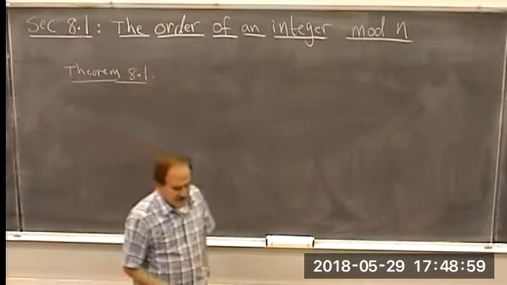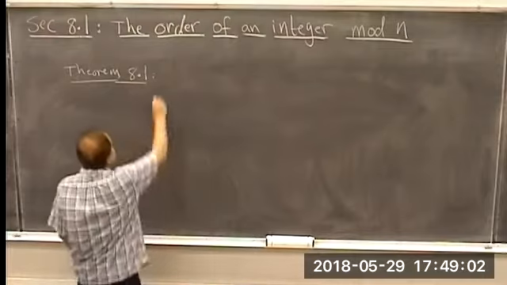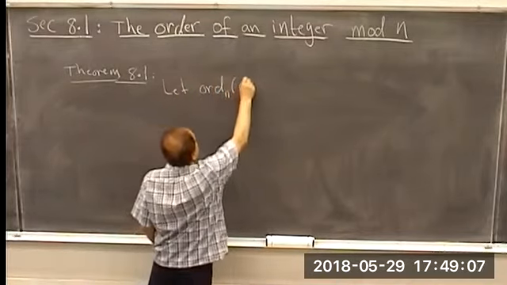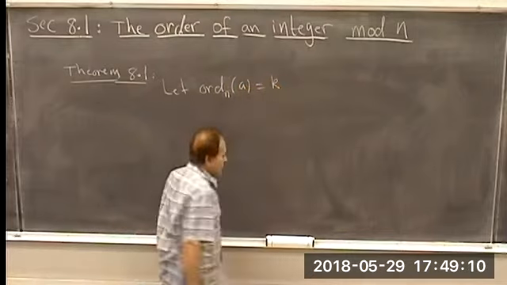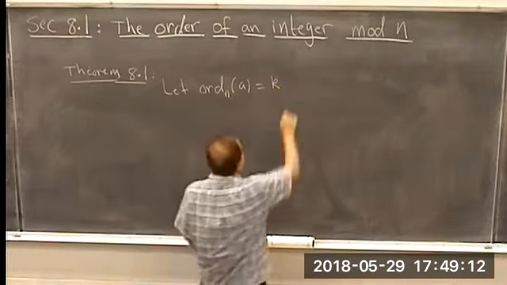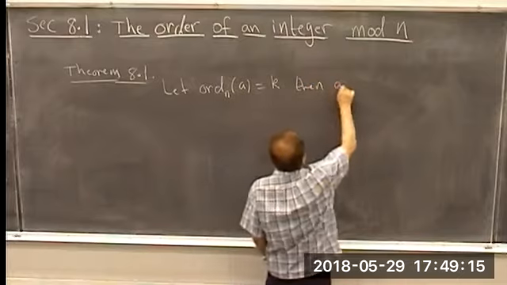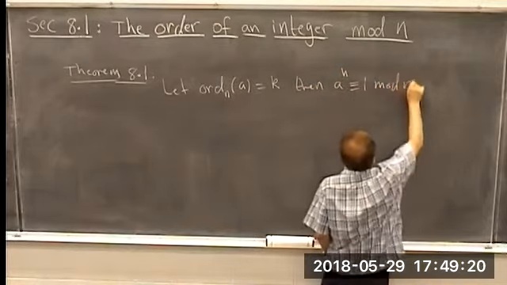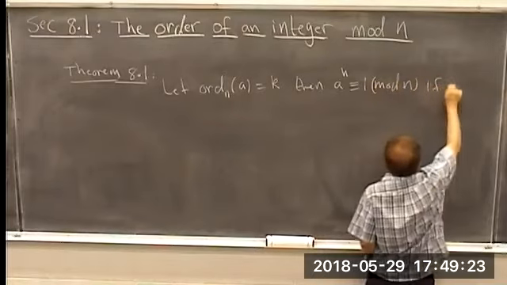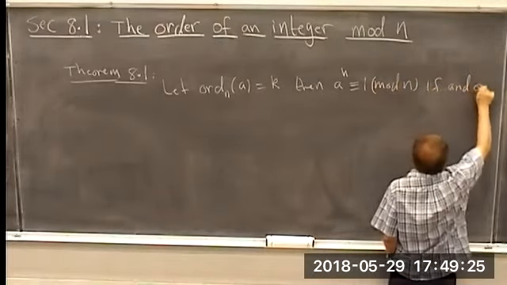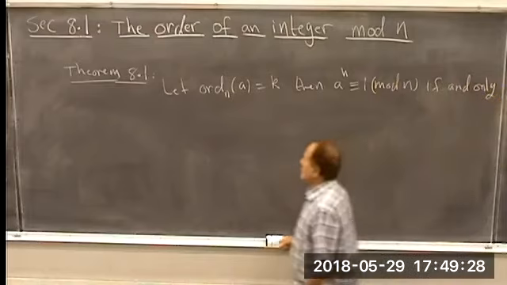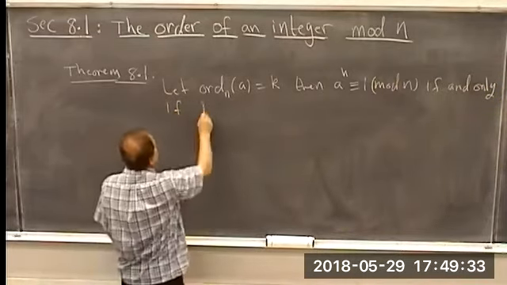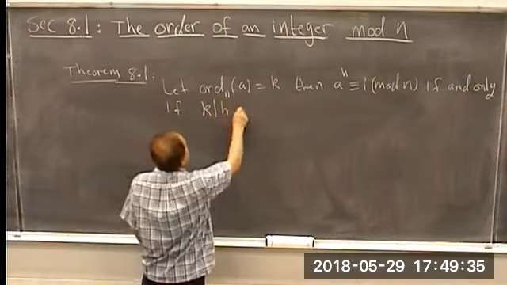And it reads, again, let the order of A be equal to k. Then A to the h is congruent to 1 mod n if and only if k divides h.